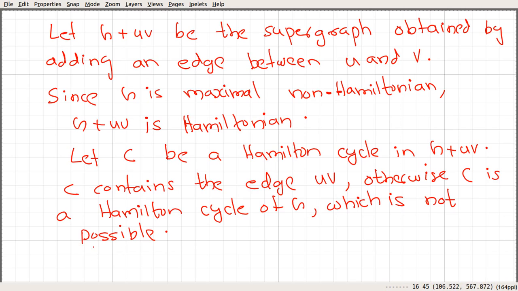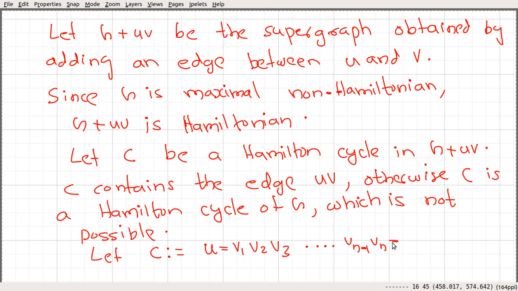Okay, so let's call this cycle, or let the cycle be like, you started from this vertex U, and let that be equal to V1, V2, V3, etc., Vn minus 1, Vn.